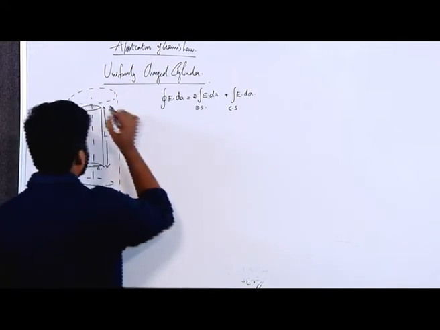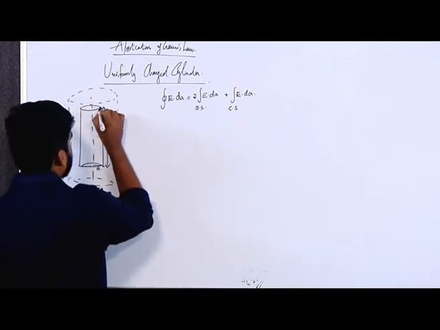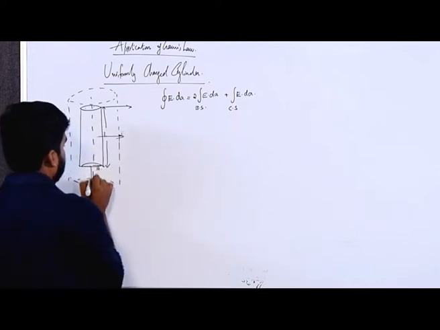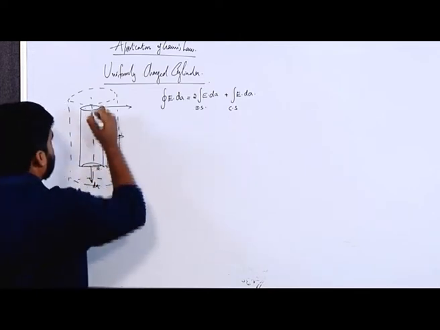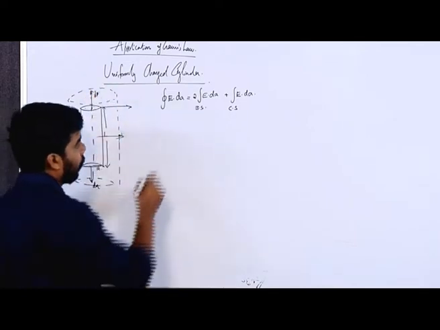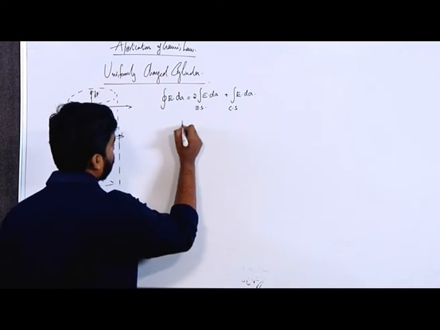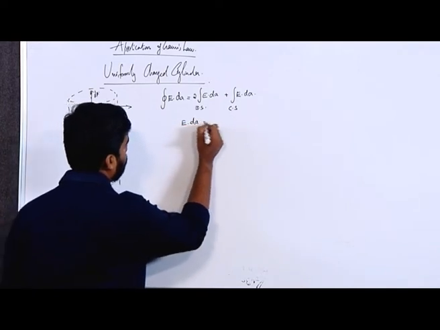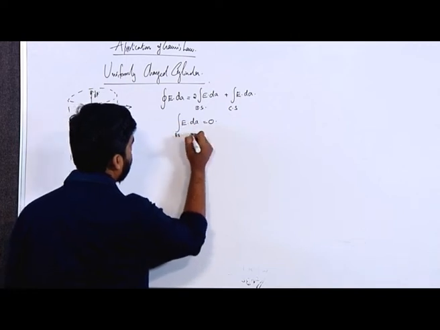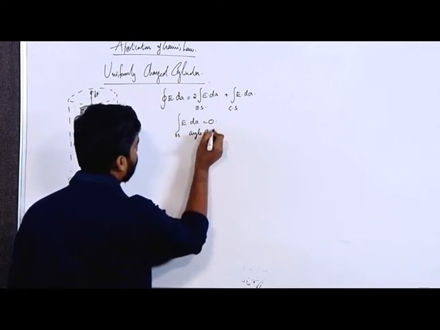What is the angle between the electric field and the area vector on this base surface? The electric field is in this direction and the area vector is in this direction actually. Through the base surfaces, E dot dA is equal to 0 because the angle is 90 degrees.